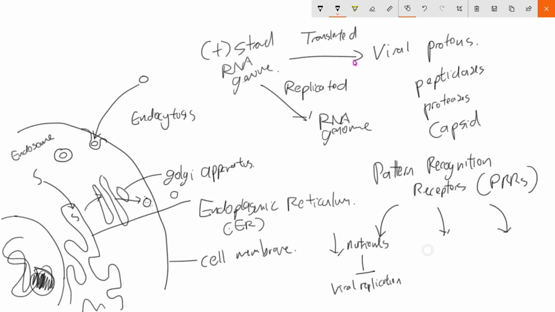It also increases the expression of your type 1 interferon, which we'll talk about later. And it also downregulates the expression of your MHC1 complexes, which allows your NK cells, your natural killer cells, to kill the cell, initiating an immune response.